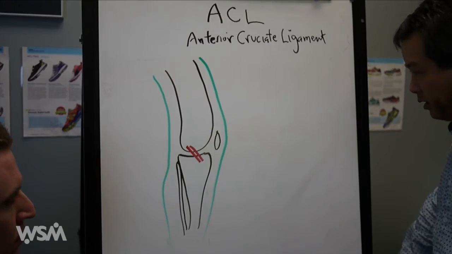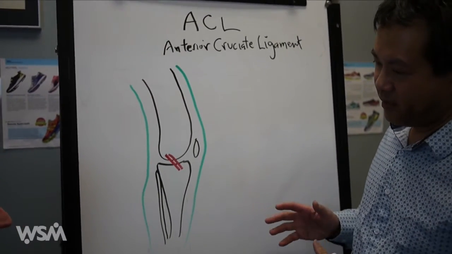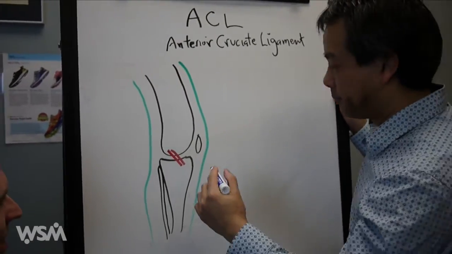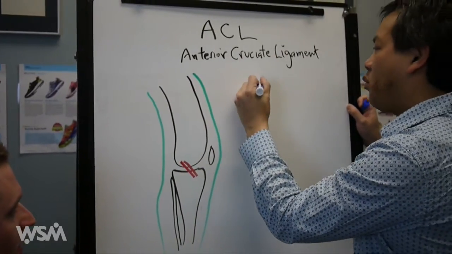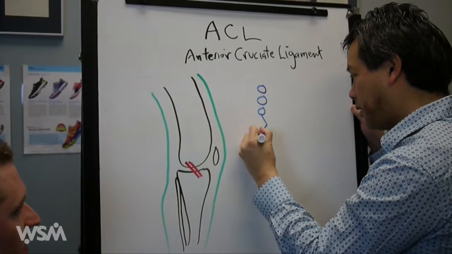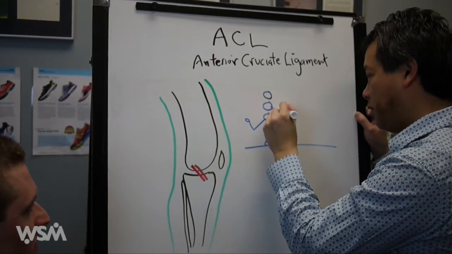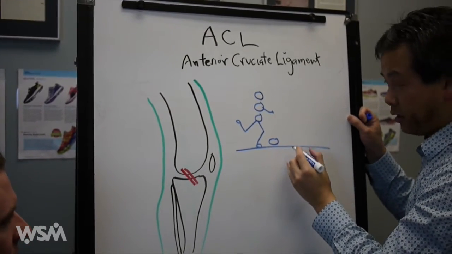And it's a little bit of a non-logical reason why that is. Okay. So I'll try to explain it to you, and you tell me if this makes sense. When you're running, so here you are running, chasing a ball or something like that, and you want to stop and change direction.